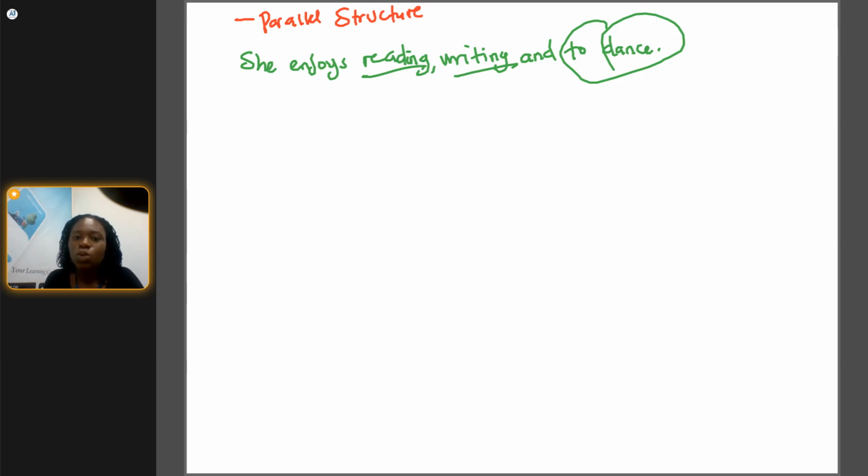This in itself, to dance, is not wrong when you use it in the English language. But for the fact that it's coming in a list where you have this kind of structure, reading, writing, then to dance is the wrong form of choice to put in with this one. For the sake of it, reading itself is a gerund. Writing here is a gerund. I hope we know that these are not verbs.